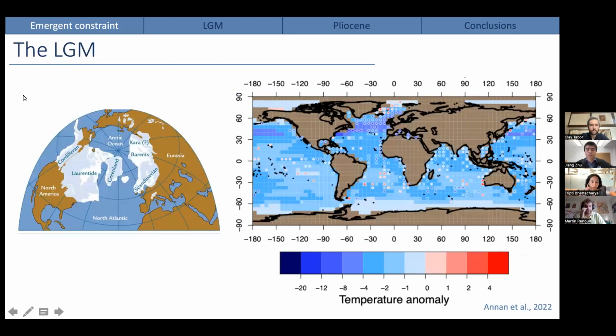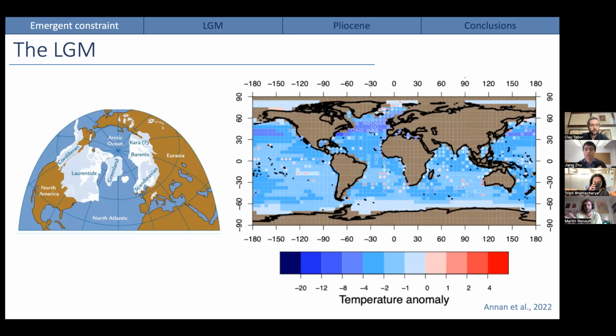So just to briefly summarize the last glacial maximum and the Pliocene. The last glacial maximum is, of course, that part of the last ice age where the extent of the ice sheet was maximum. Particularly, you had a big ice sheet on North America and Europe. And in terms of geological data, because it's quite close to us, geologically speaking, we have quite an abundance of geological data.